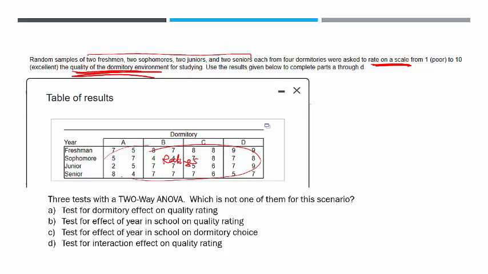Freshmen, sophomores, juniors, seniors, so the year in college, and then also broken down over the four different dormitories. So we're looking at ratings and whether or not ratings are different based on the year in school and the dormitory. So there will be three tests in the two-way ANOVA. Which one of the ones listed here is not a hypothesis test based on this information?